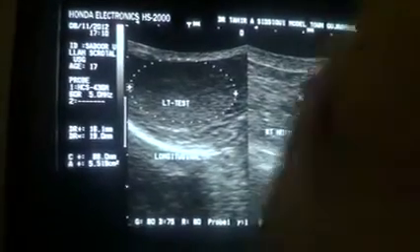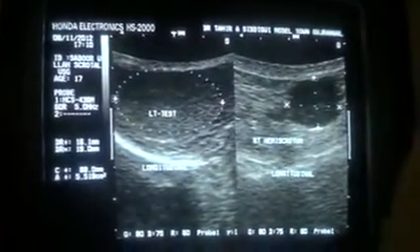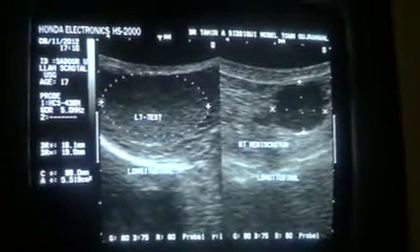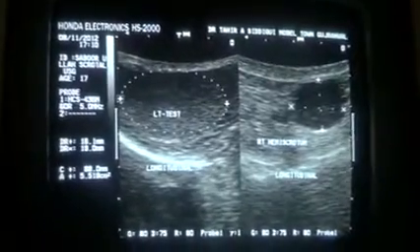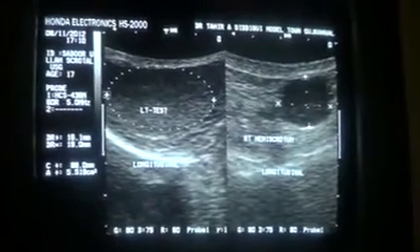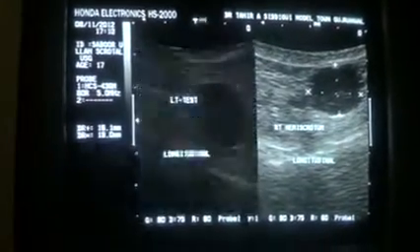So now it's difficult to tell whether this is the testis, a mass, or an abscess.